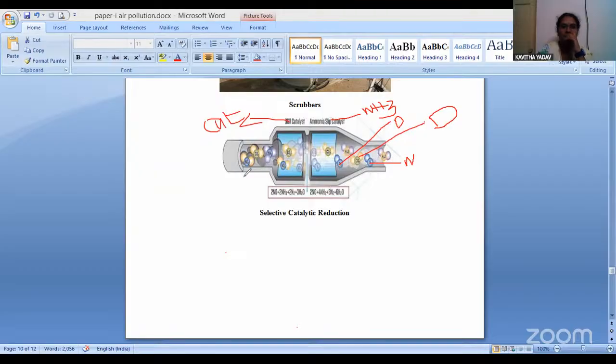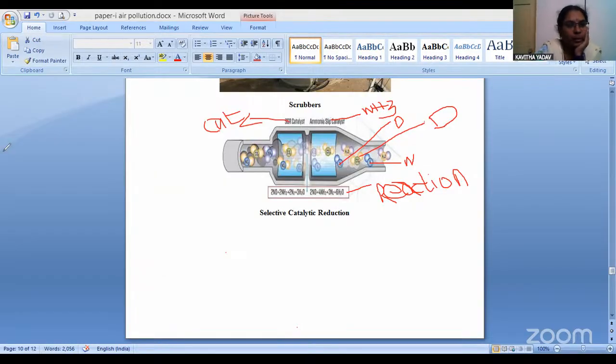All the things, the reactions which will take place. So this is the explanation of the SCR, or selective catalytic reactors. Up to here, I think this is clear.